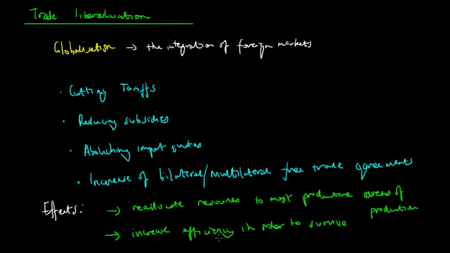If they weren't to improve their efficiency, they would be left behind, because we now have the option to purchase overseas goods, which are, in theory, very close substitutes to the goods that we have here, at a much cheaper cost. And so that encourages firms to cut their costs and to operate with greater efficiency so that they may be internationally competitive.